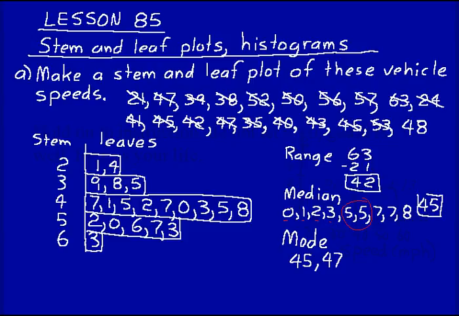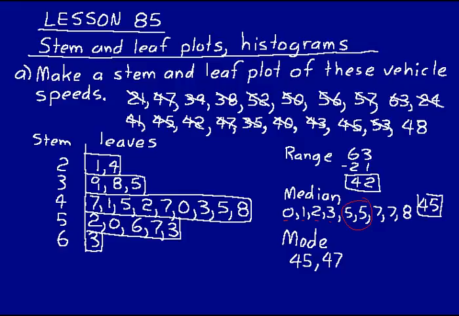So a stem and leaf plot is just a way to organize a set of numbers better, and it lets you visualize what's happening there, which group of numbers occurs the most number of times. Histograms are basically like a vertical representation of the stem and leaf plot, or they're also called bar graphs.